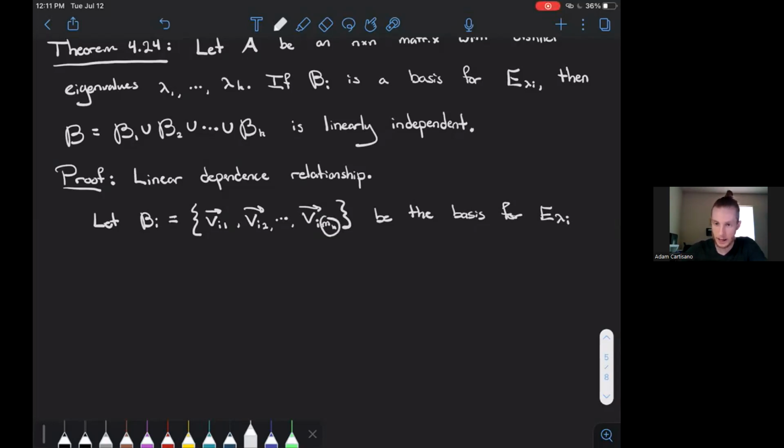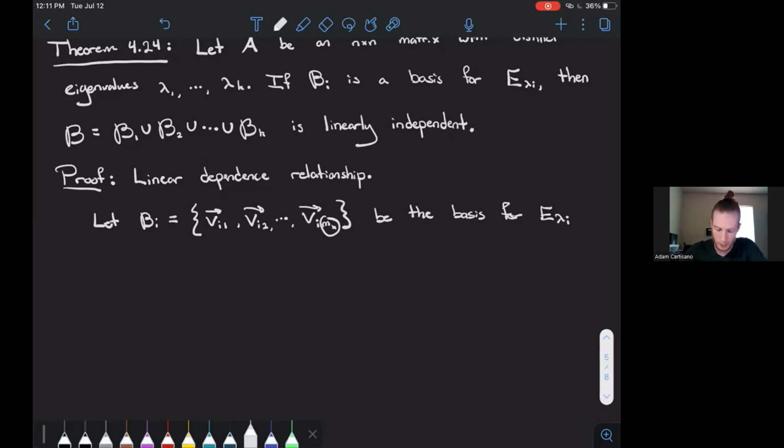The dimension of the eigenspace E lambda i will be m_i, which means that there are m_i linearly independent eigenvectors inside of this B_i. There are m_i linearly independent vectors.